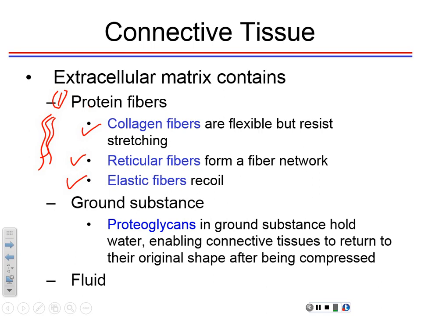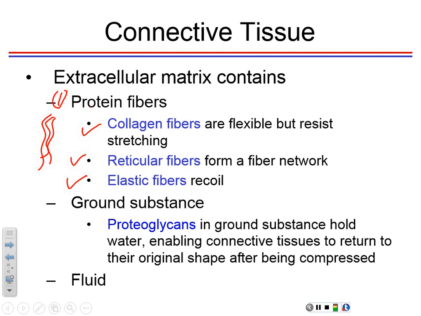And remember we said carbohydrates have water molecules in them. So these proteoglycans have the ability to absorb a lot of water, and when you compress them, they lose the water. But when you take off the compression, it goes back to its original shape. Like the discs between your vertebrae, they have a lot of proteoglycans.